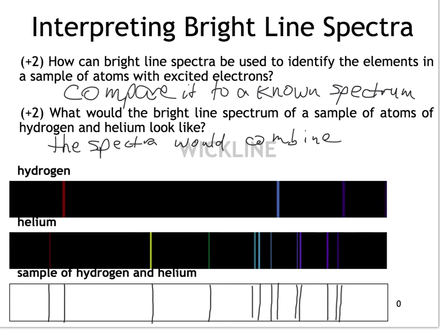Okay, so I went ahead and tried to show that. So you can see this line is represented here, this line is represented here, and then over on the right, this faint line there, here it is. This line is here, and that line is there. So I tried to represent all the lines in all the places in the second spectrum, and that's what you would expect to see if you had a combination of spectra.